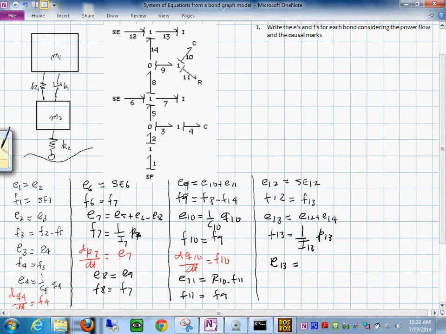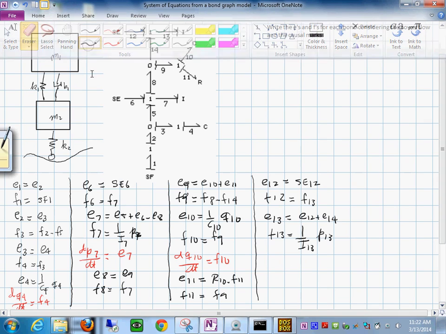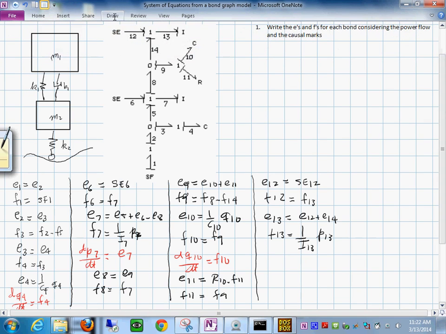No, it's dP13 dt is what we need. So I'll just erase this. And then this is dP13 dt is equal to E13. See, it's got 4 equations on those ones that I have in red.